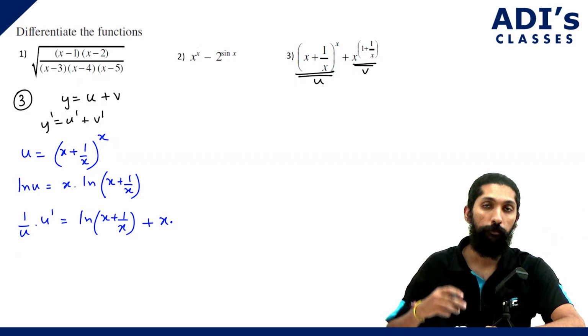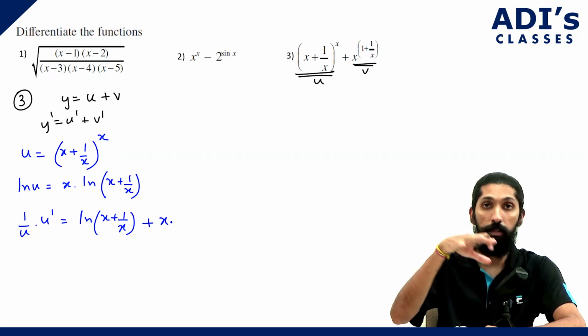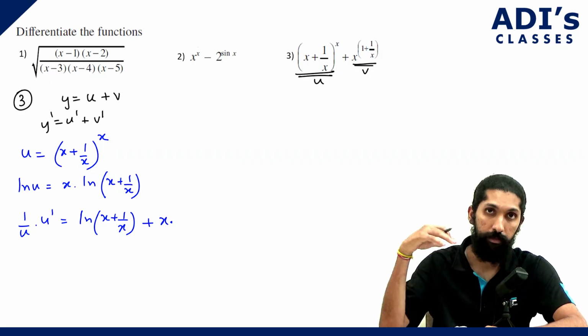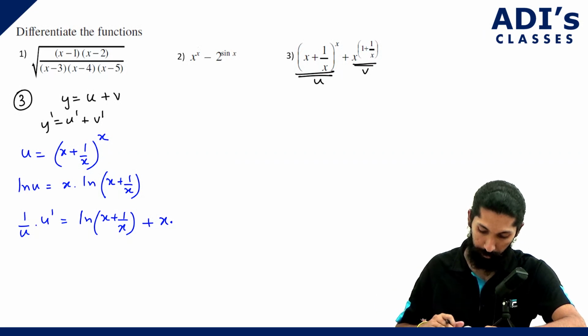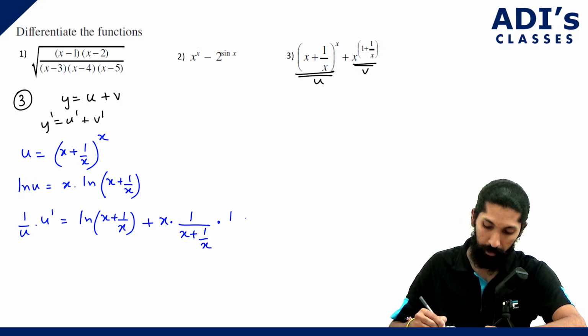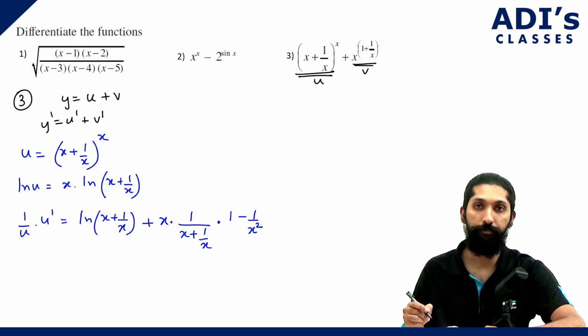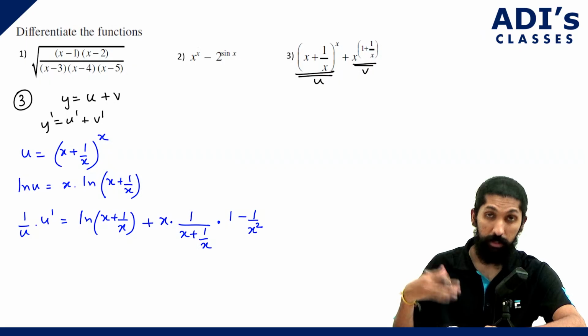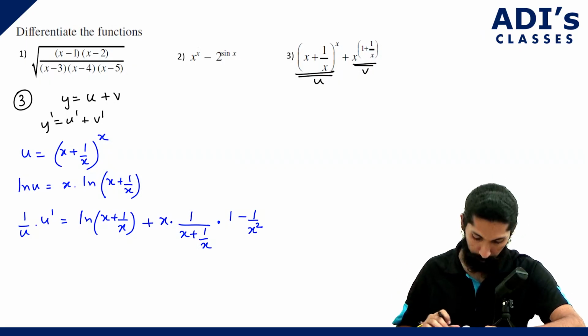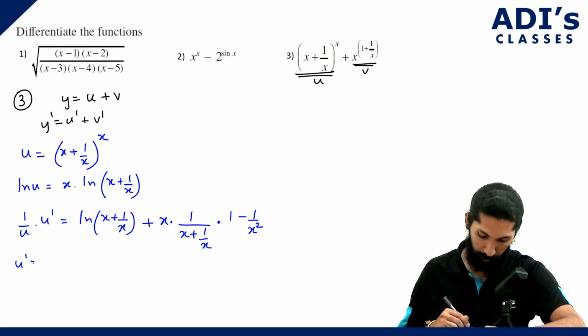First is the log function, then the x plus 1 by x function, right? So x into 1 by x plus 1 by x into 1 minus 1 by x square. Okay, we need to simplify this a little further.